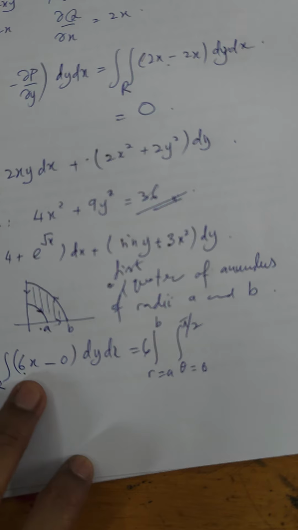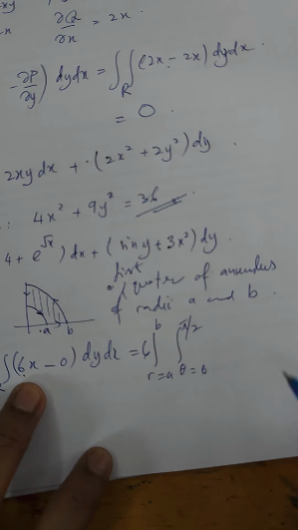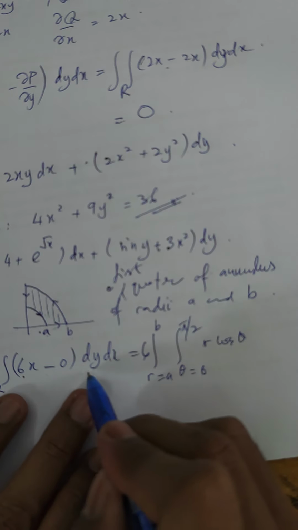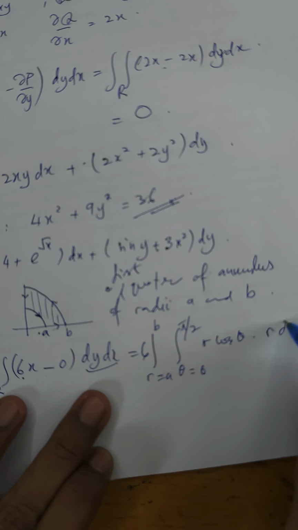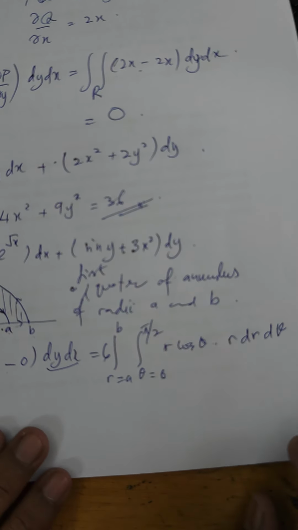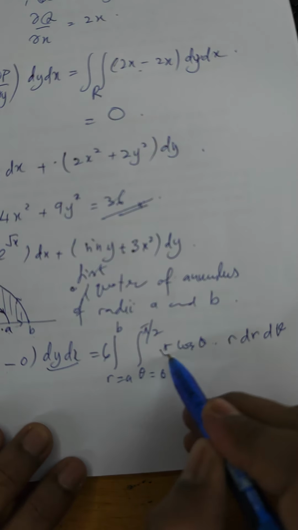Our x is r cos theta, and dx dy is r dr d theta.